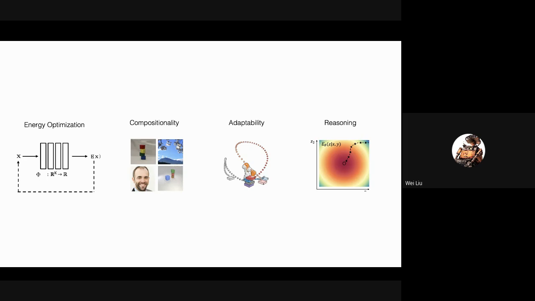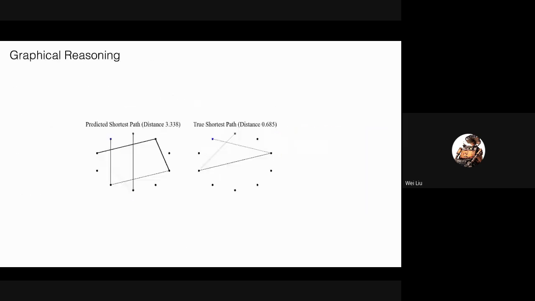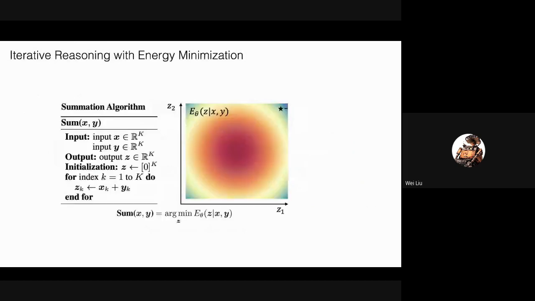What do you mean by optimization? You train this energy function, and then you said doing optimization. Can you elaborate that a little bit more? And the second question is, you've mentioned that you try to solve the shortest path with maybe a very small graph, and this iterative minimization on the energy function seems to generalize well to larger graphs.